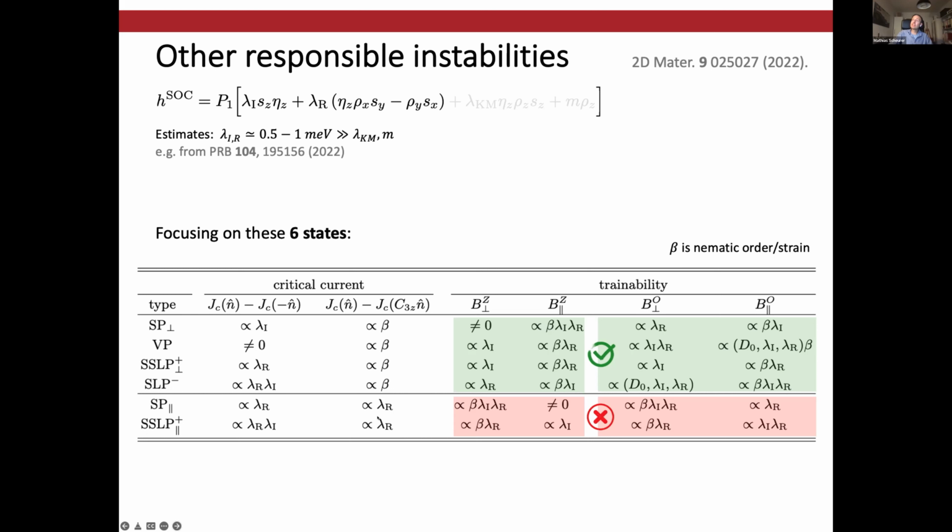Now, a more subtle question is, how can you distinguish between, let's say, these four? In order to do that, you have to get a lot of statistics in different setups and samples, because what you would have to do is vary the strength of spin-orbit coupling, ideally. I'm not entirely sure what the best way to do that experimentally is.